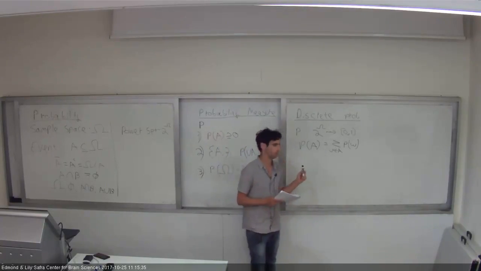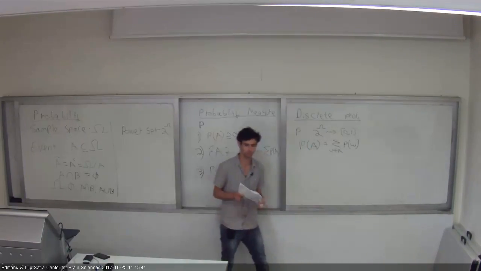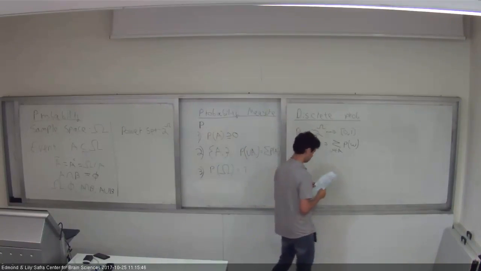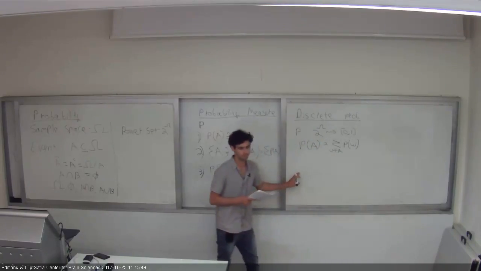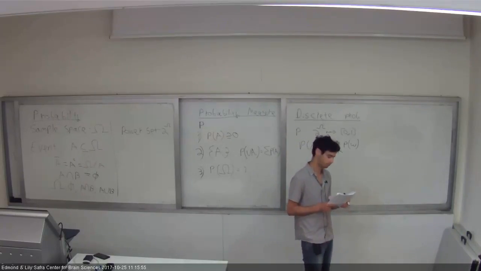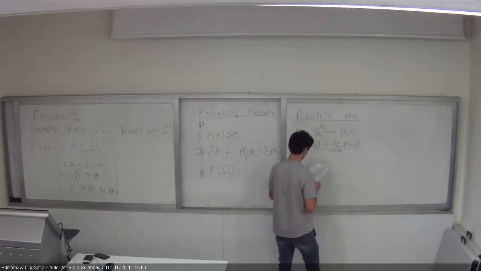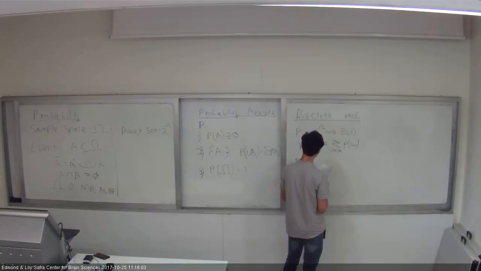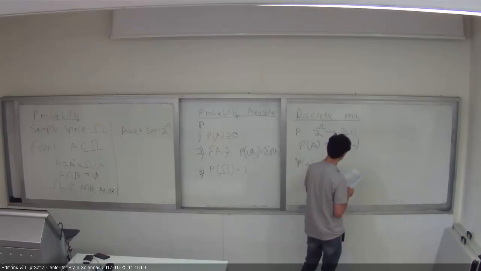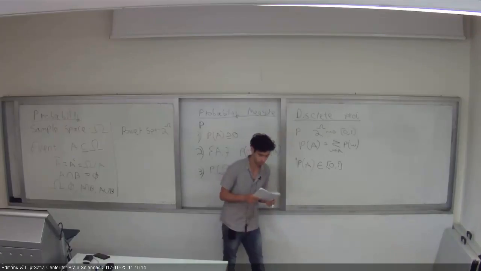Now I will show you some properties of a probability measure, but I will not prove them. It's a good exercise at home if you want to prove them. It's really not difficult. If we have some function that satisfies the three conditions of probability, we know that for every event A, P of A is between 0 and 1.